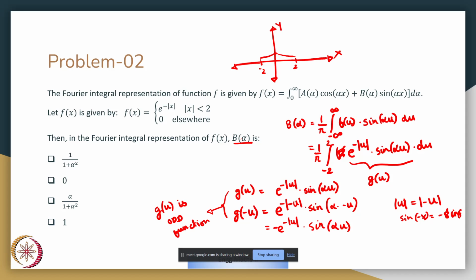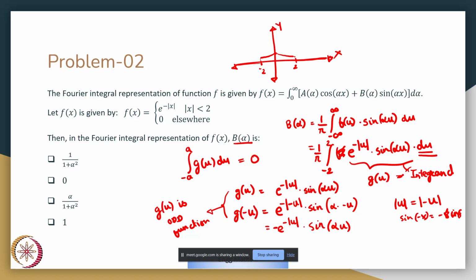And this essentially means that if we are integrating g of u over some range minus a to a, it should vanish. So in our case, what this expression which precedes our differential is essentially called the integrand.